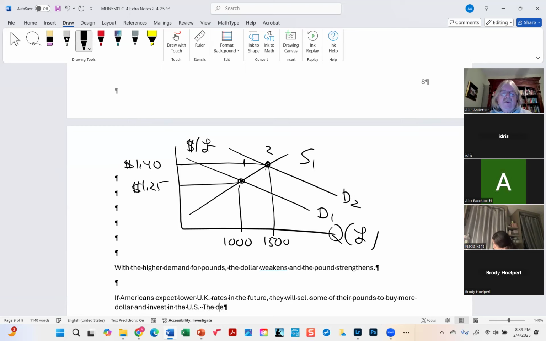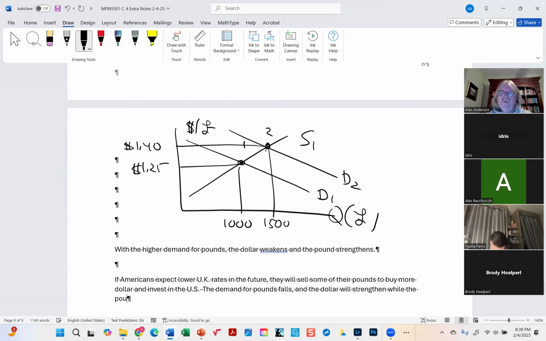The demand for pounds falls, and the dollar will strengthen while the pound will weaken.